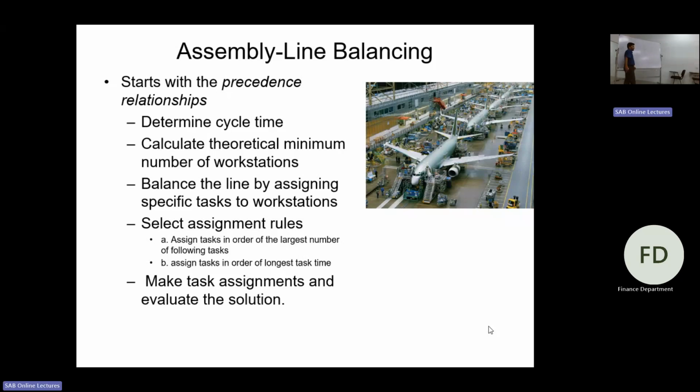Assign C to workstation 4. Now after assigning C, remaining minutes: C requires 5, so we have 7 minutes. So we now have to check whether we can assign something here. Can we consider H?